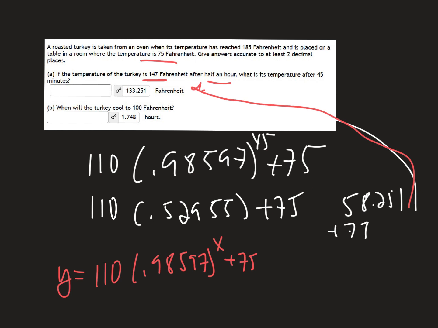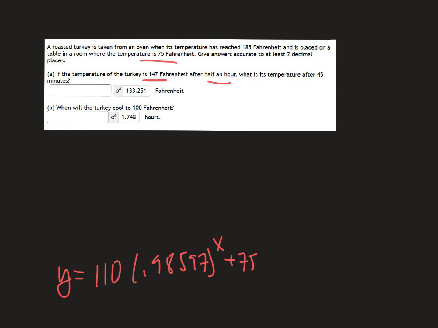Okay. Now for part B, we want to see how long before it cools. So let me get rid of some of this ink. So y is, on my formula, 100 degrees. So 100 equals 110 times 0.98597 to the x plus 75. I don't want to mess up and get that wrong.